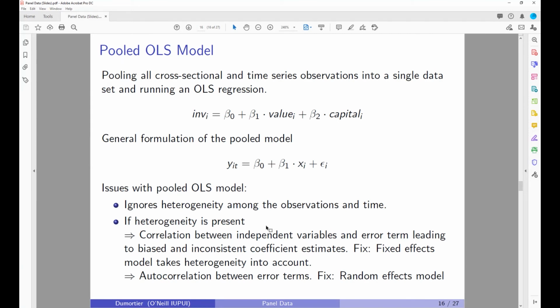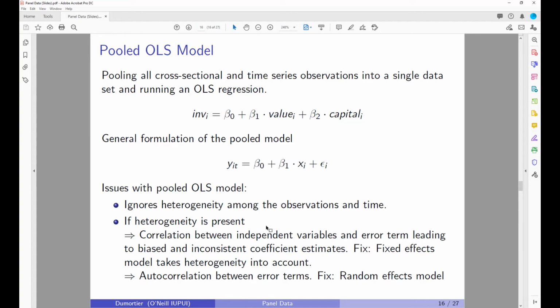Now, what you could be doing if you didn't know anything about panel data is to simply run a regular OLS model, where you ignore that we are talking about different firms and different time periods. So you would simply run a regression with investment as the dependent variable and value and capital as the independent variables.